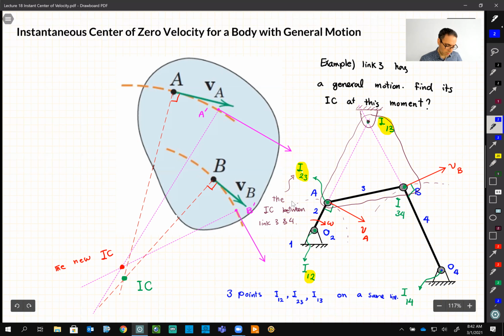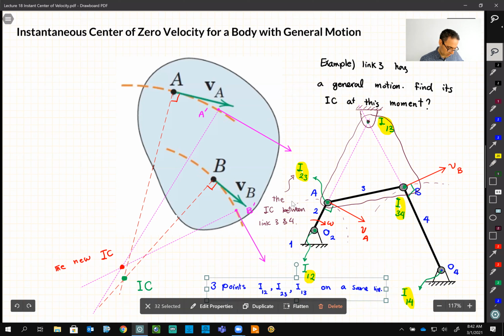What about these 3 points? I14, I34, and I13. They are on the same line, right? So let me write them down here. Move it a little bit out of the way.